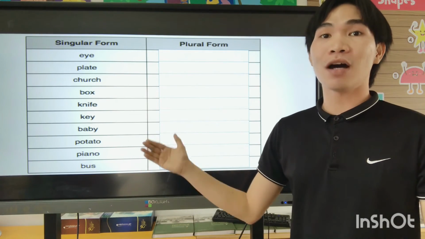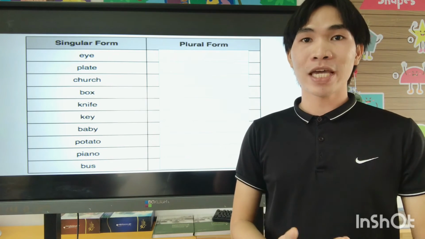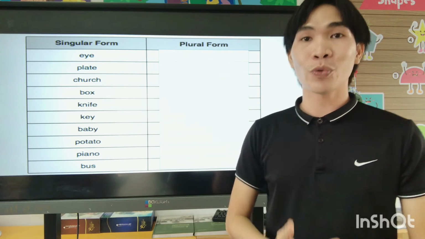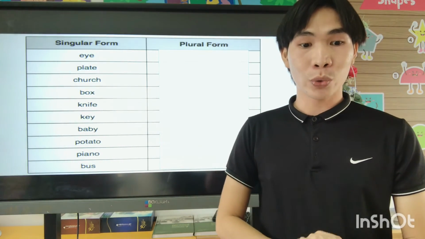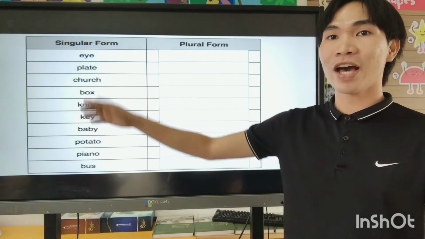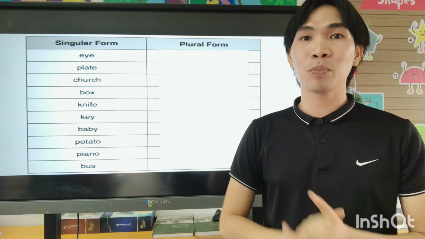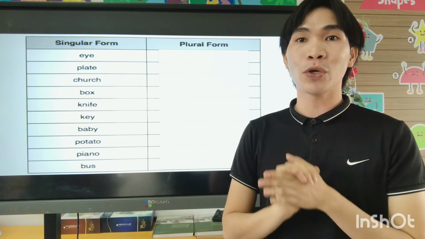These words are singular. Now we will have to change them in plural form. So we have to apply the 4 rules we just have discussed. For the first one, we have eye. What do you think is the plural form of the word eye?